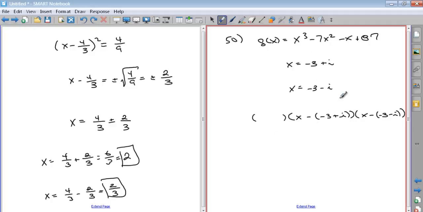So what we can do is multiply this out and find the quadratic term that has only real numbers. I'm going to expand this out. You'll do first, so you'll get x squared. Then the inner, a negative sign, x times negative 3 plus i.